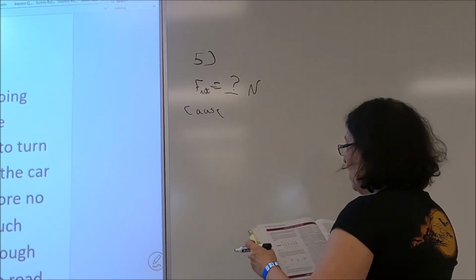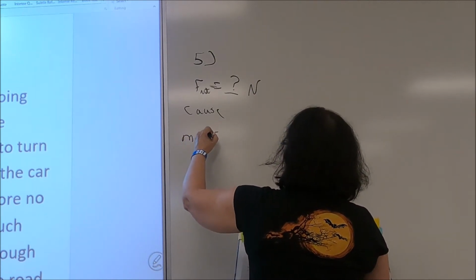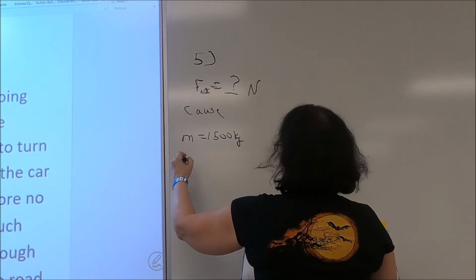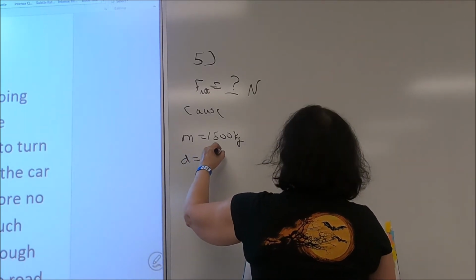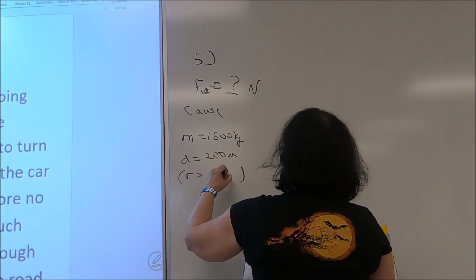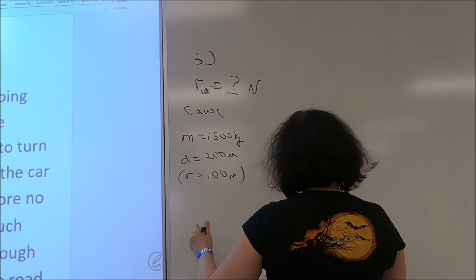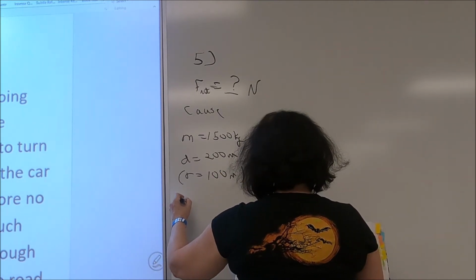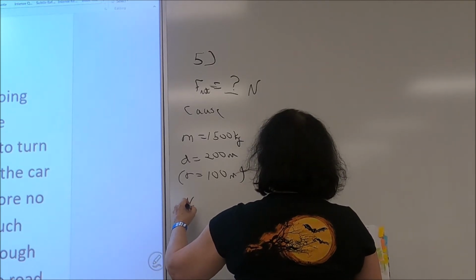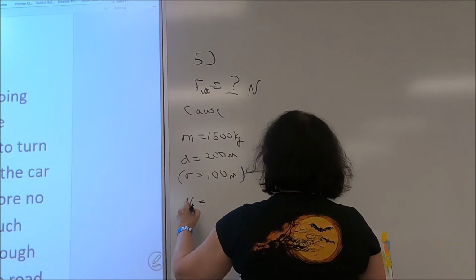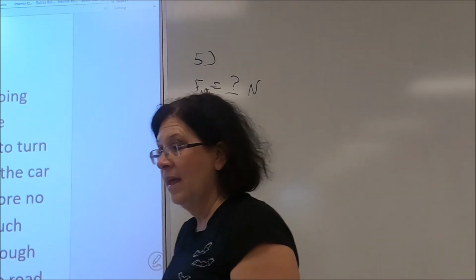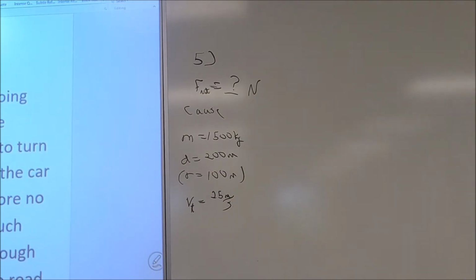The pieces of information we're given is the mass is 1,500 kilograms, and that the diameter is 200 meters. That means the radius is half that, 100 meters, and that the car has a tangential velocity of 25 meters per second. That's all the information we're given.